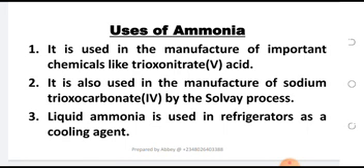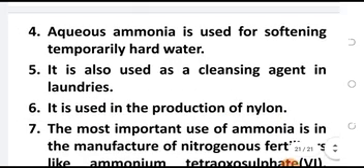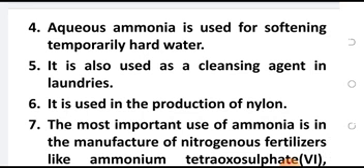Liquid ammonia is used in refrigerators as a cooling agent. Then number 4, aqueous ammonia is used for softening temporary hard water. Then it is used as a cleansing agent in laundries for removing stains.